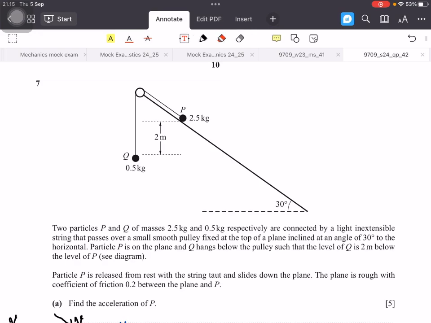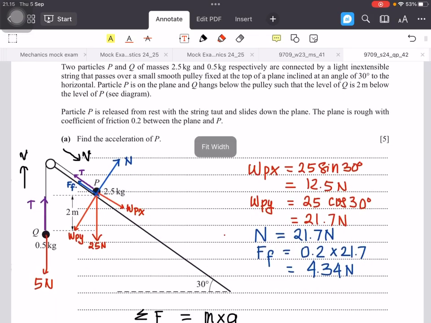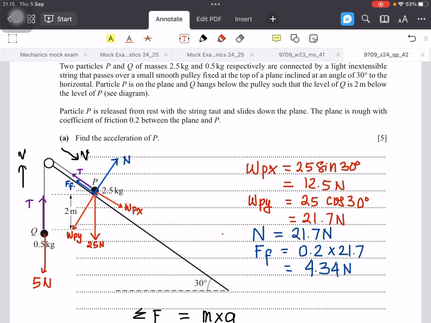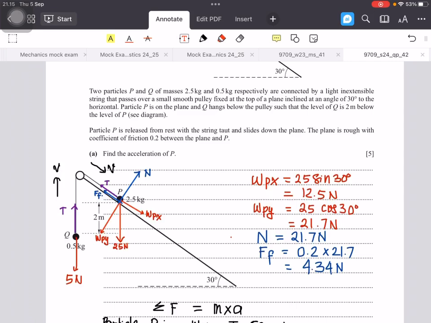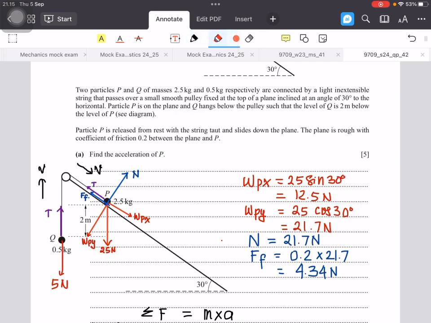So now we complete the diagram. So this is the diagram for object P. The weight is 25 newtons and we can split the weight into WPX parallel to the plane and WPY perpendicular to the plane.